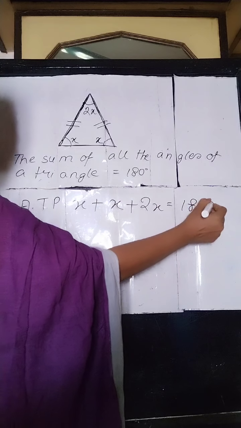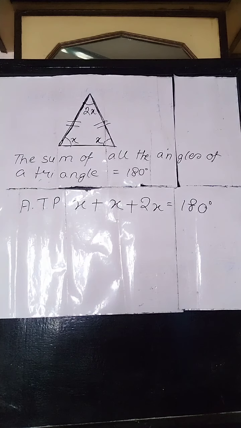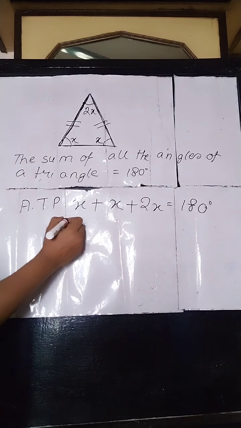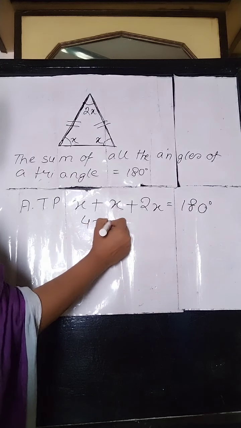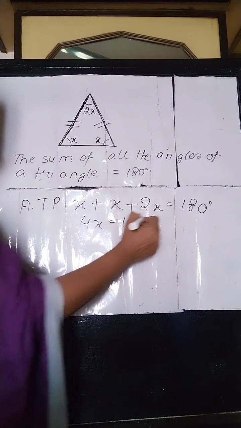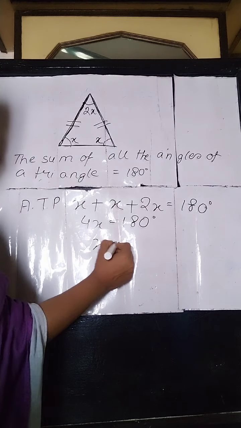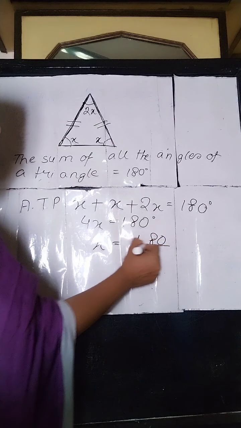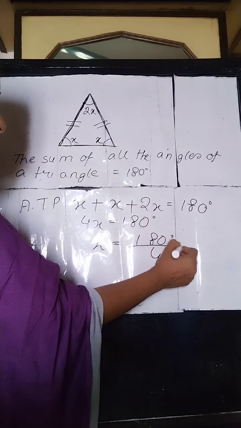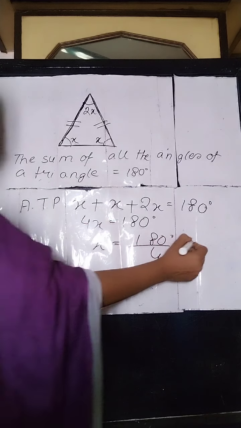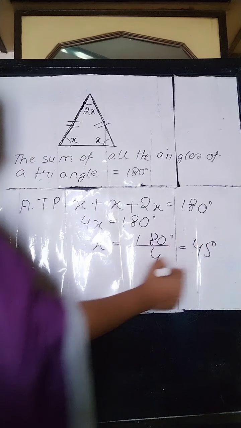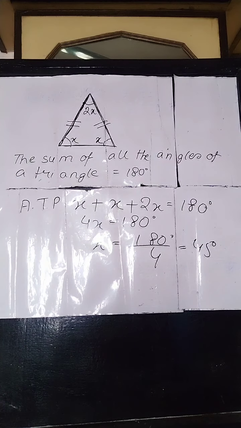Now you have to solve this equation like the way we have solved the previous sum. Now this becomes 4x. 4x equals 180 degree. So now you have to find out the value of x. Now x equals 180 degree divided by 4, which gives you 45 degree.